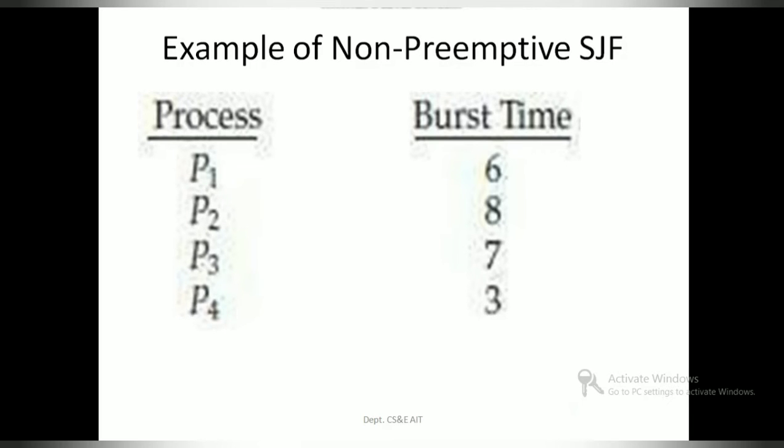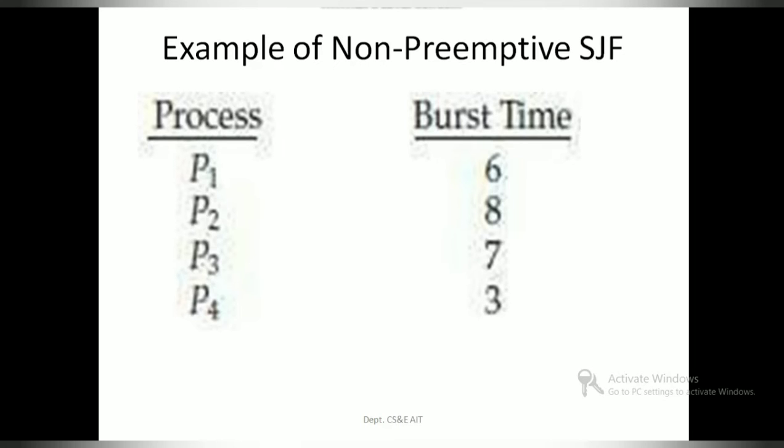Now let us take an example to see how this is actually happening. Taking a snapshot of the same, you have 4 processes, P1, P2, P3, P4, with the burst times 6, 8, 7 and 3 respectively. Now if it is a non-preemptive version, as I said earlier, it shall be sorted in the order small to large, and they will be given to the CPU in that order.